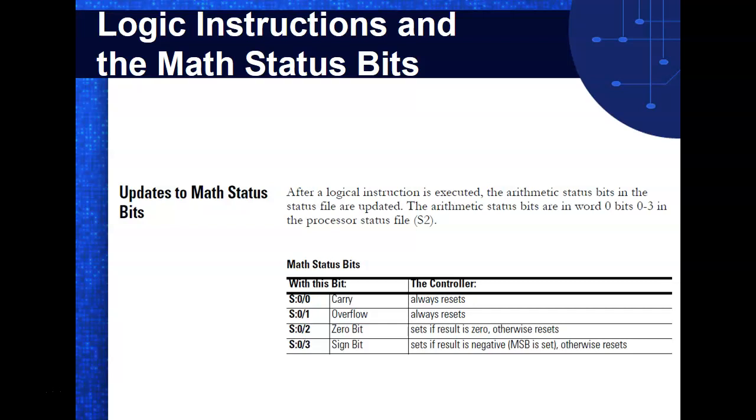And then we have one that indicates the sign bit. And which one is the sign bit on a 16-bit word? No, on the word itself, which one is the sign bit?